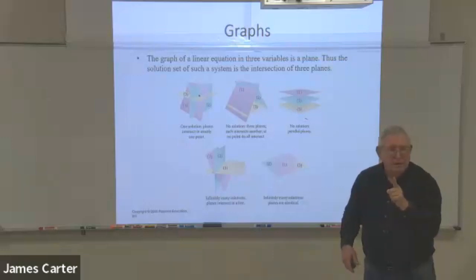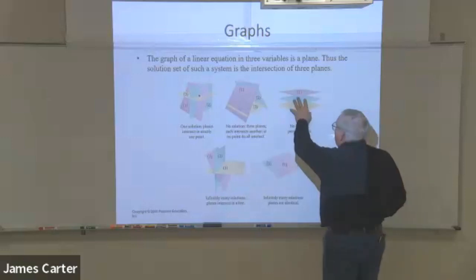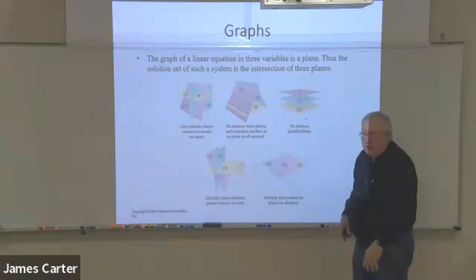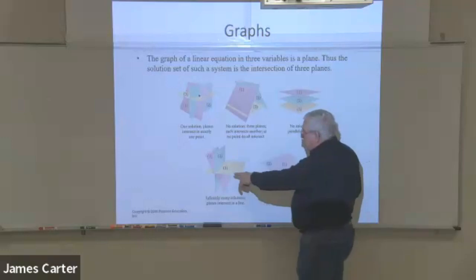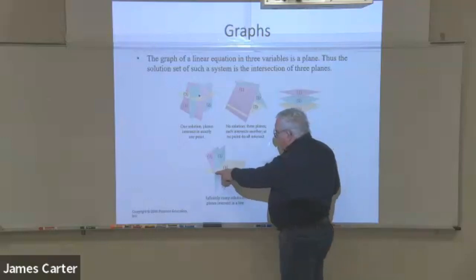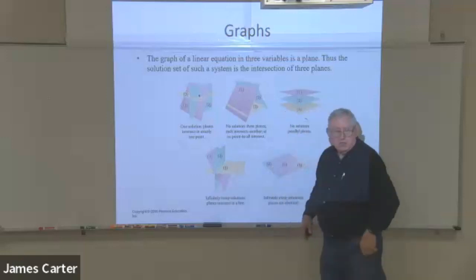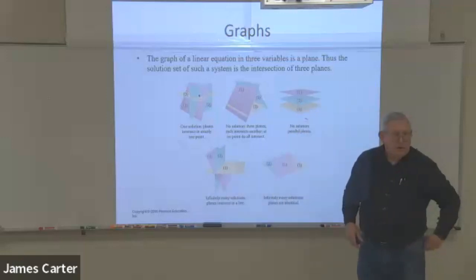Okay. Parallel, we've talked about parallel before, right? No common solution again, are there? This one, all 3 intersect in one line. And that's possible. They can create one line.